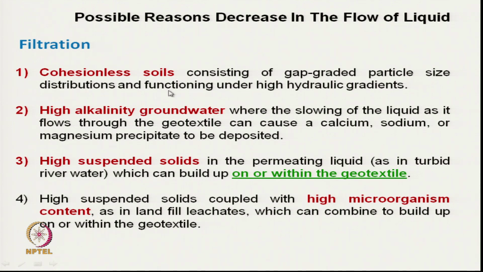Cohesion-less soil consists of gap graded particle size. This gap graded particle size distribution, when it works under a higher hydraulic gradient, results in clogging. High alkalinity in groundwater, high suspended solids, and high microorganism growth result in clogging of the structure.